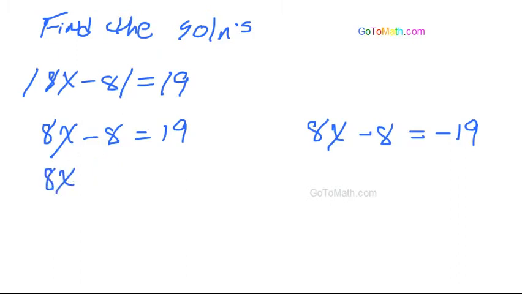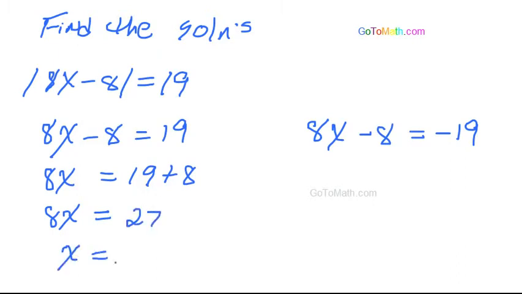Now we've got two equations, and we'll work on this one over here first. So we have 8x is equal to, take that -8, bring it over to the right, becomes a +8. So now we're left with 8x is equal to 27. So then we have x is equal to 27 over 8, and does that reduce down? That's the question. And I don't think it does, right?